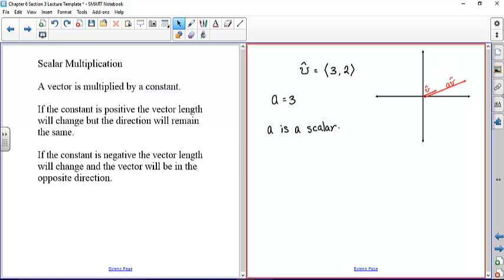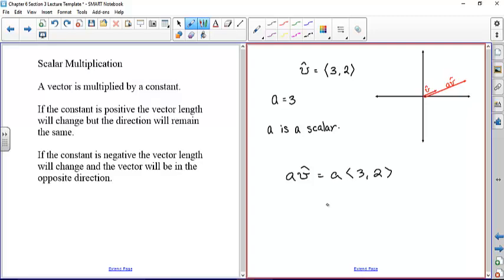To do the multiplication, we have a times vector v, which is the same as a times the vector in its coordinate form, and in this case the scalar is 3. When you have a scalar, all you do is multiply each term in the vector by 3. So we get 3 times 3, which is 9, and 3 times 2, which is 6.